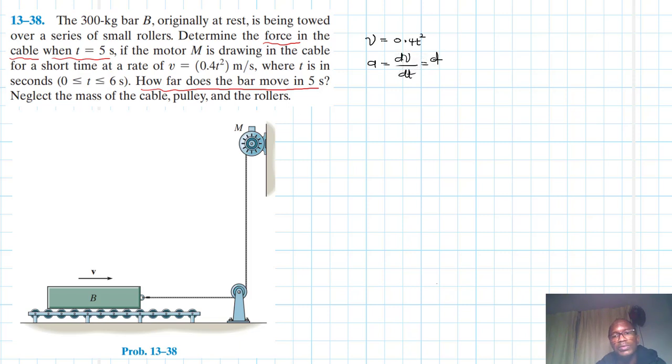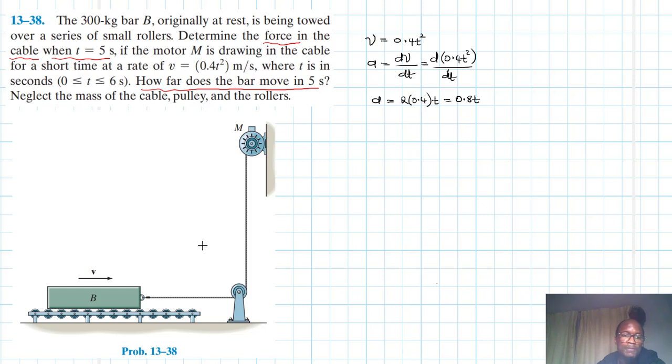So this is just equal to dv, which is this, over dt, and therefore our acceleration is just going to be equal to 2 times 0.4 t, which is just equal to 0.8 t. So this is our acceleration.